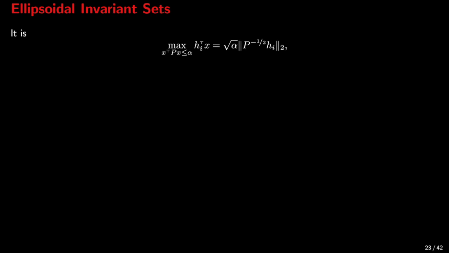The maximum of h_i transpose x over x transpose P x less than or equal to alpha is given by the square root of alpha times the Euclidean norm of P to the minus 1/2 times h_i. Therefore, E_alpha is a subset of X_kappa_f if and only if this condition holds for all i from 1 to s: the square root of alpha times this norm must be less than or equal to b_i.